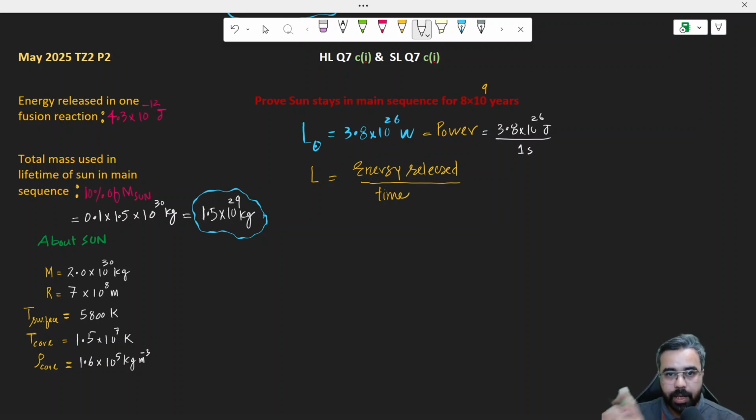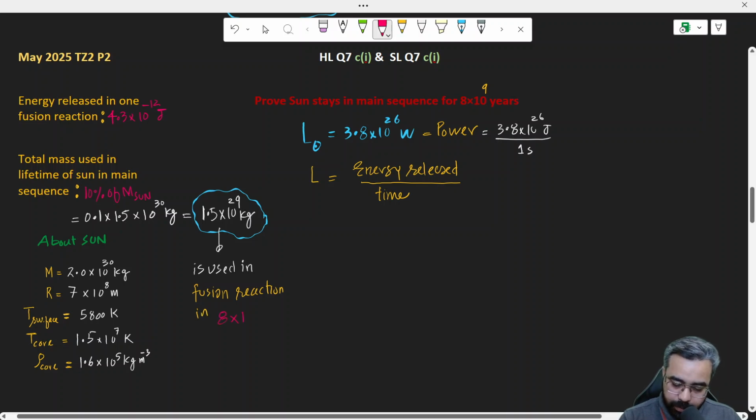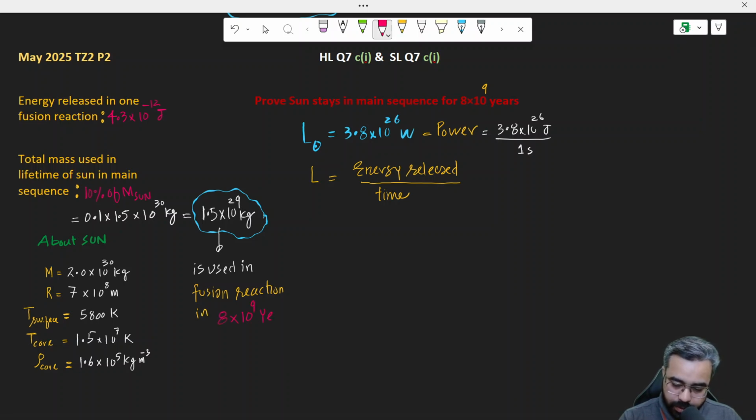If you can know that mass, then you can also know the mass which is completely used in this amount of time. And we know this mass already, that 1.5 times 10 power 29 kg is used in the fusion reaction in how much time? In 8 multiplied by 10 power 9 years.